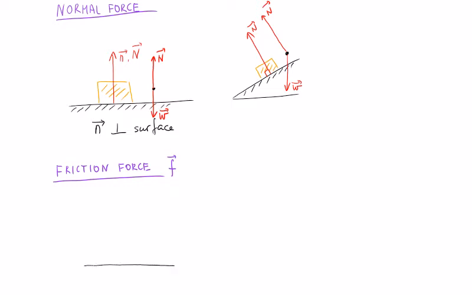So if we again draw a surface and an object that is moving or even stationary on a surface, let's represent the box as a particle.